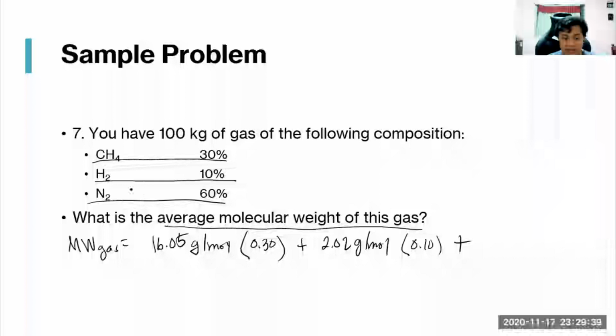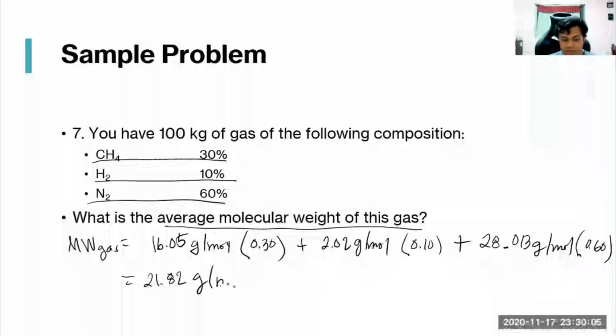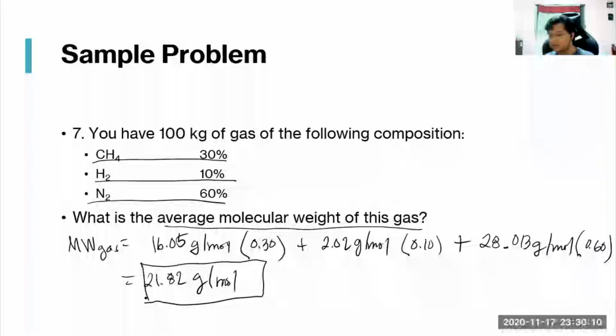And then the N2 is 28.013 grams per mole, multiplied by 0.6. So we'll now have the average molecular weight of this gas as 21.82 grams per mole. Okay, so it's that easy.